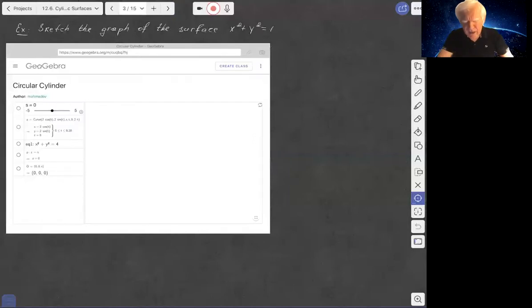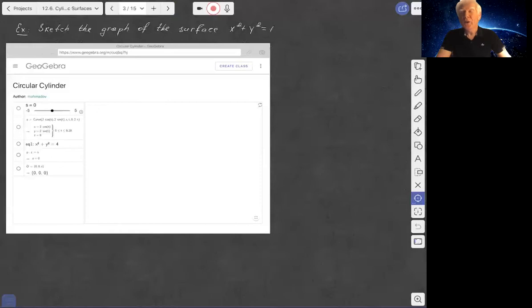It says: sketch the graph of the surface x squared plus y squared equals 1. We're dealing with three-dimensional space, and you already know that z is missing in this equation. Because z is missing, it means that z can take any value. When z is 0, you get just x squared plus y squared equals 1, a circle.